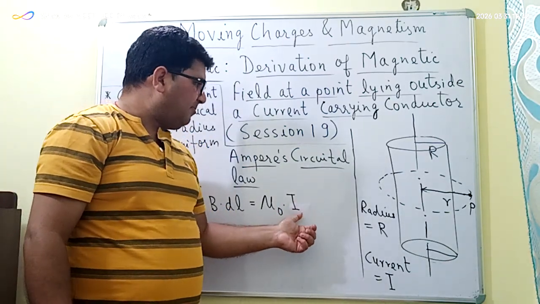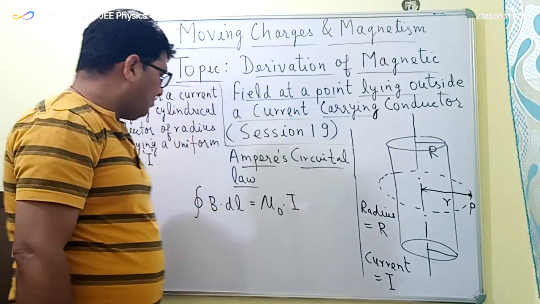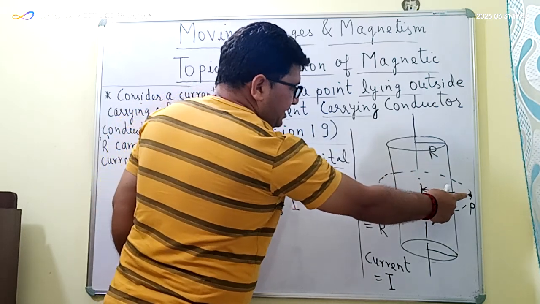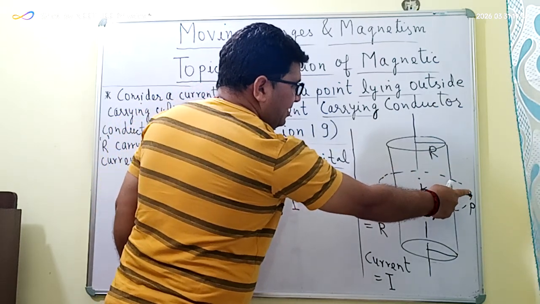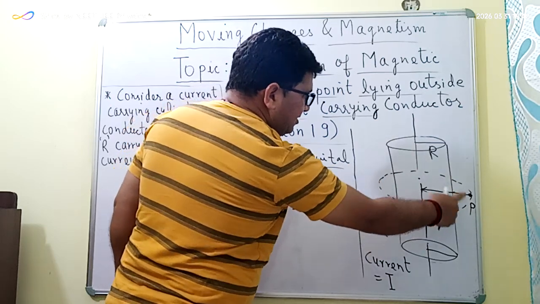So here I is the net current which is passing through the closed loop or the closed path. So in this question, what I have done is that I have drawn one Amperian loop which is shown here with the help of a dotted line.